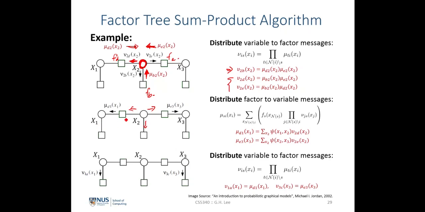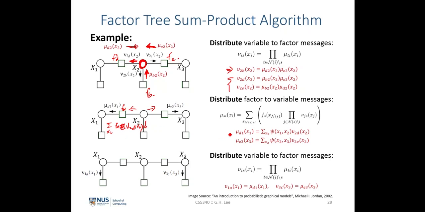Since this is also connected to x2, we need to marginalize away x2 over the factor represented by fd multiplied by the message that we are passing in from x2 to fd, which is v of 2d of x2 over here.